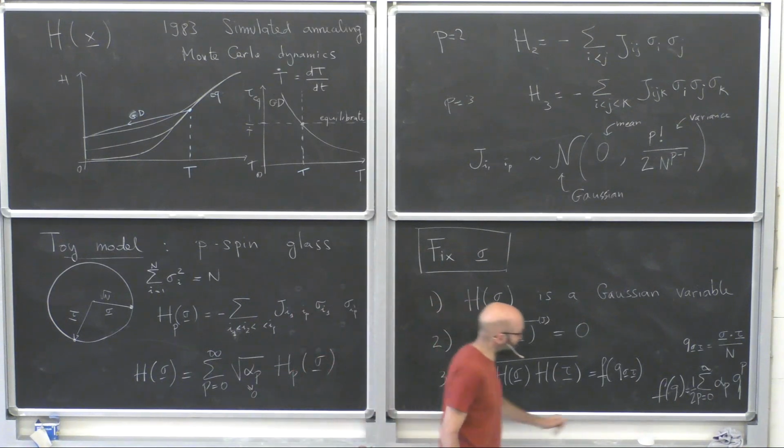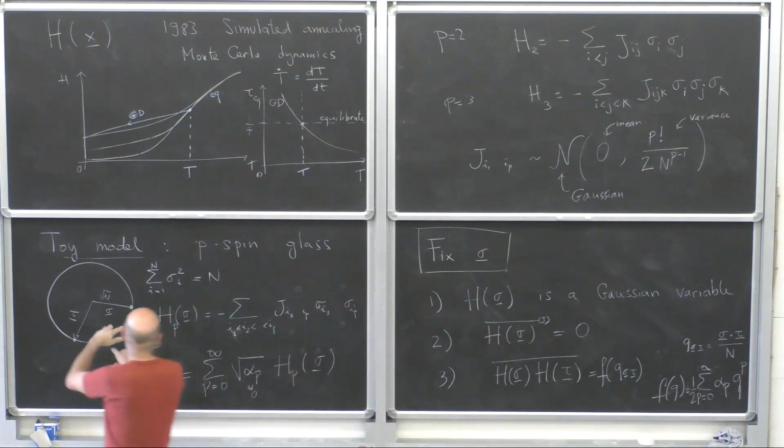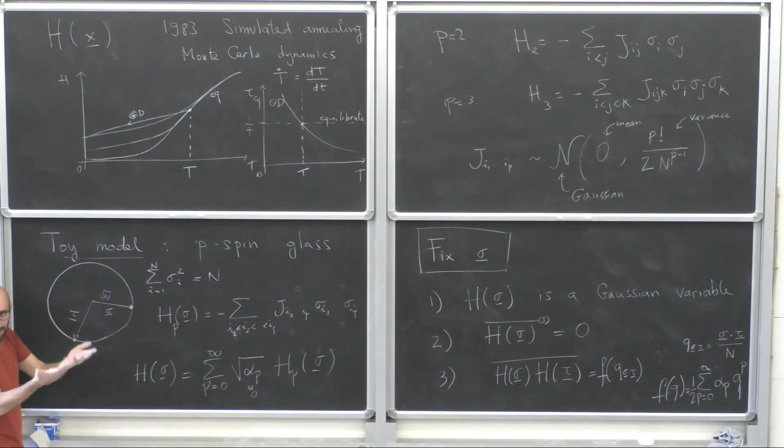So if the alpha p are positive, this is a monotonically growing function of q. If the two configurations are very close, then the covariance of the two Hamiltonians is high, so they are similar.